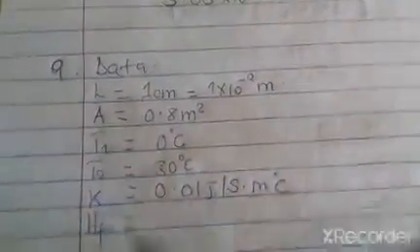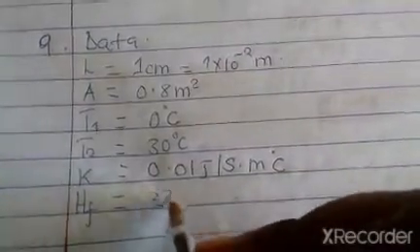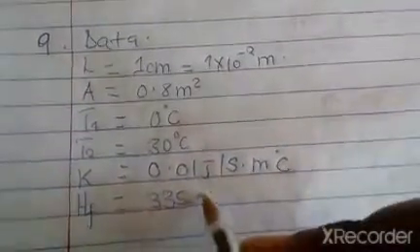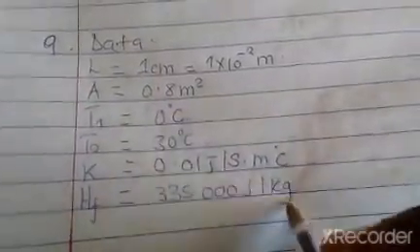Okay, that's the information we've been given. Then we've also been given the heat of fusion, which is equal to 335,000 joules per kg. So this is the information that we've been given in this question.